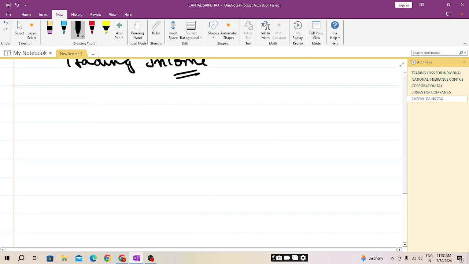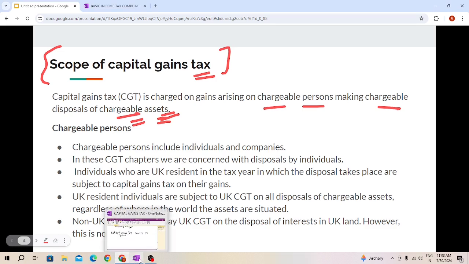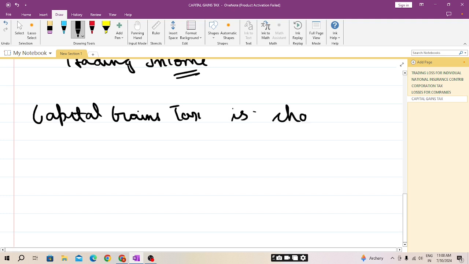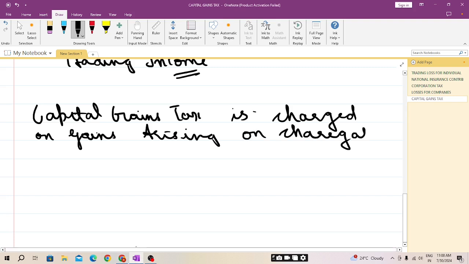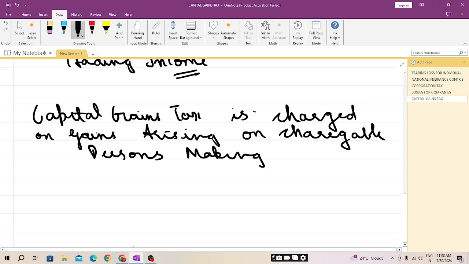As we have already seen, students, capital gains tax is charged on gains arising on a chargeable person making a chargeable disposal of a chargeable asset.